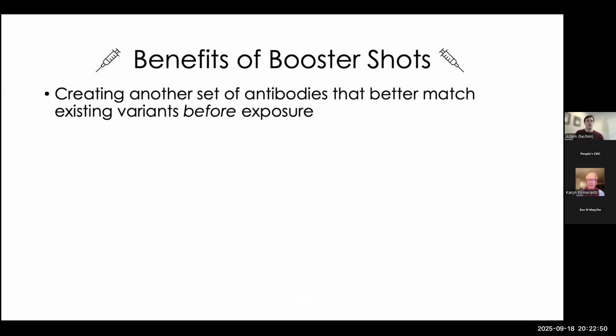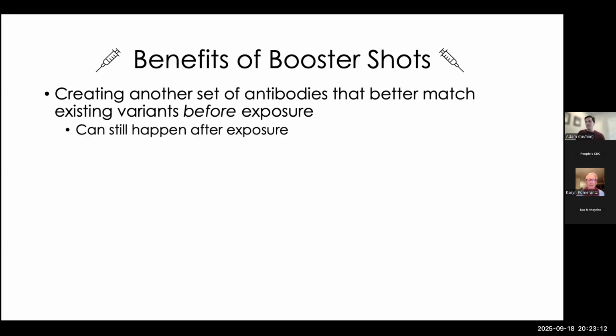Booster shots help create another set of antibodies that are a much better match to existing variants before you are actually exposed. This is essentially kickstarting your antibody affinity maturation process before you actually get a real life exposure that's going to make you sick and cause some damage internally.